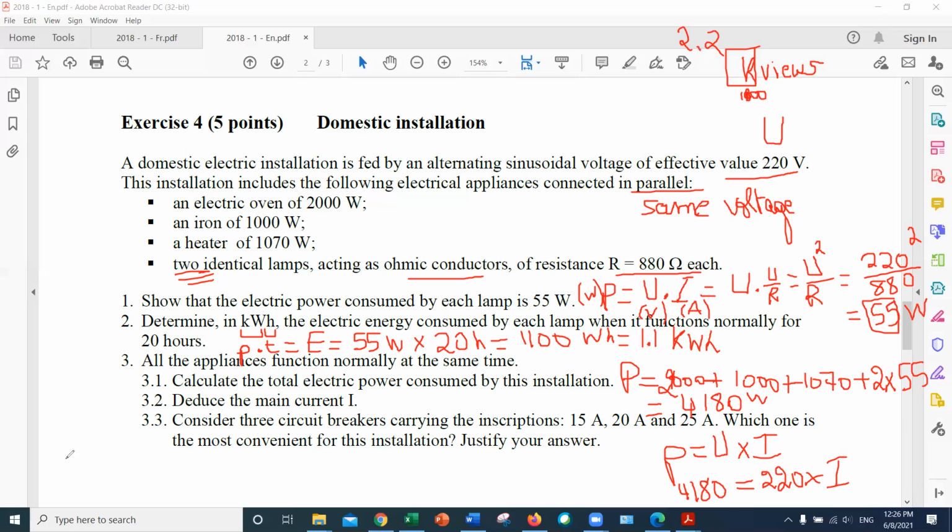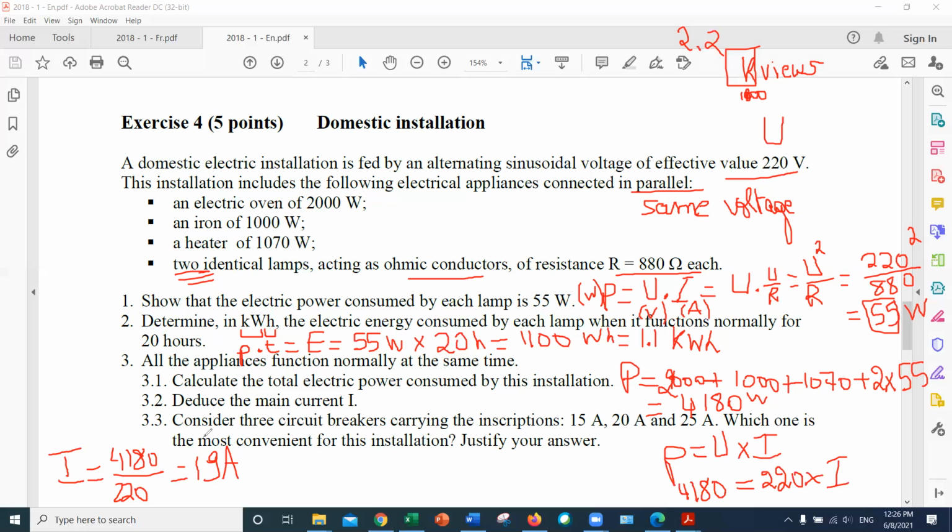So I is 4180 divided by 220, and it's going to be something like 19 ampere.